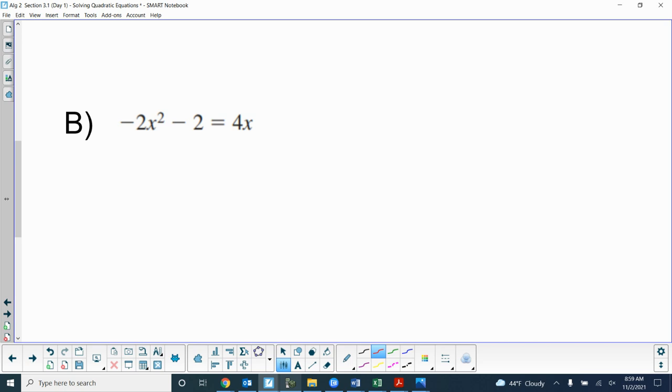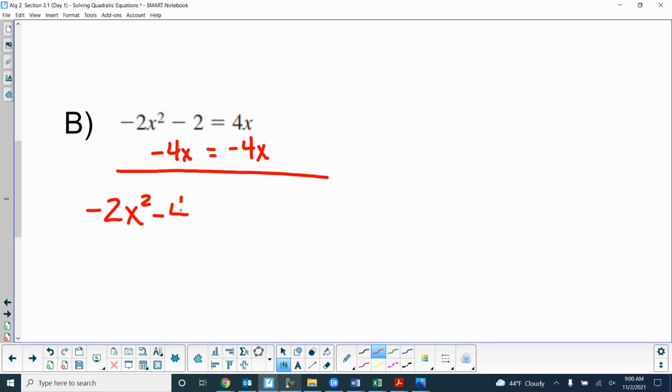All right. So when I say set it equal to 0, I want the right side to be 0. So I have to bring the 4x over by subtracting it, right? So put it in standard form, the 4x goes in the middle because the -4 is my b value, right? My a value is what? -2, right?